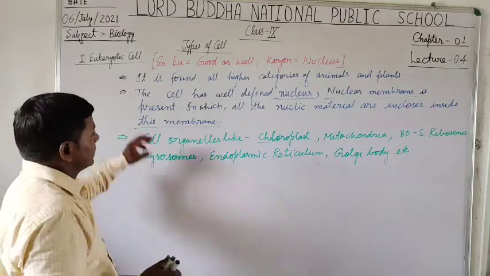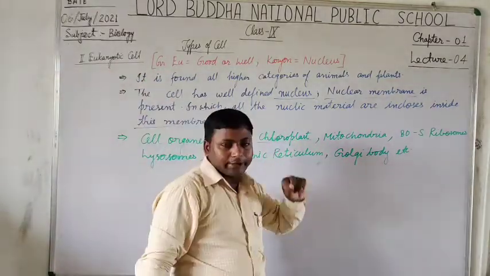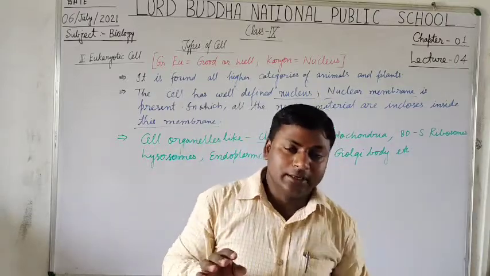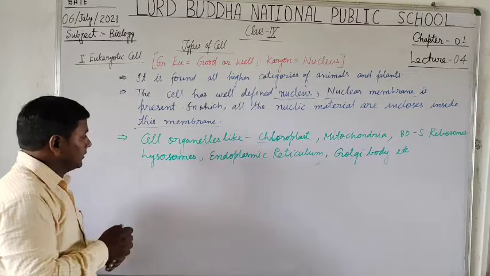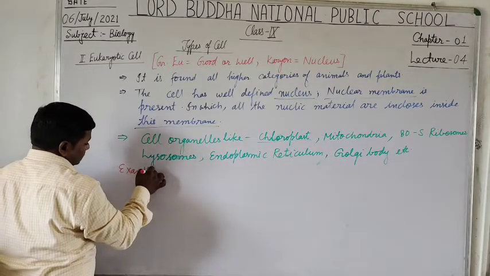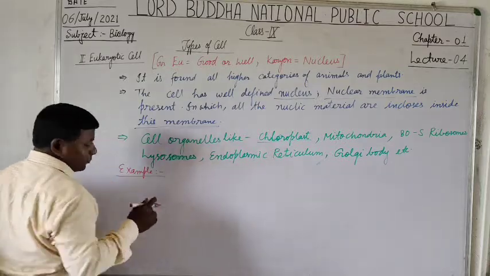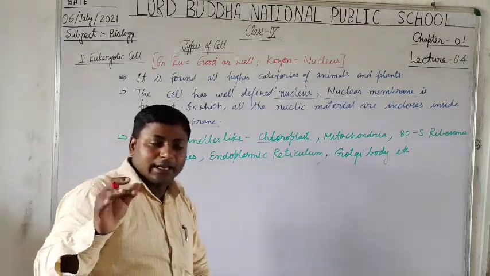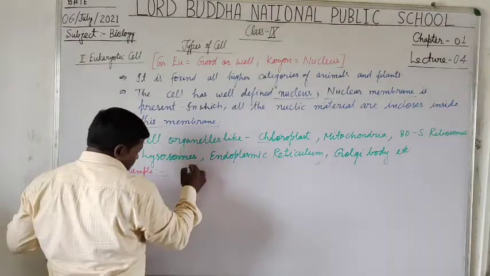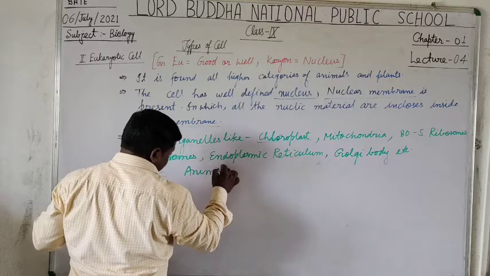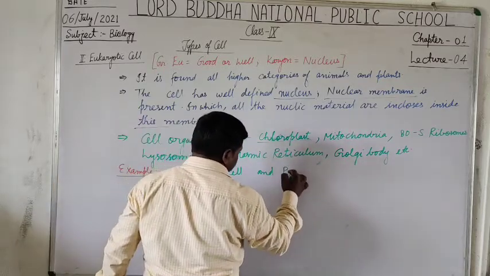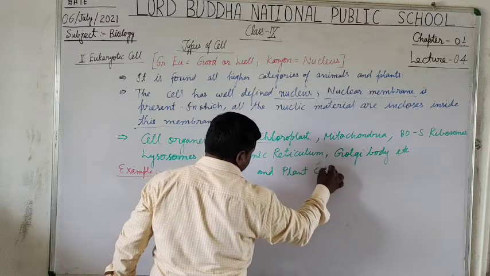Students, we study the eukaryotic cell as animal cell and plant cell. It means examples of eukaryotic cell can be given as the animal cell and plants.